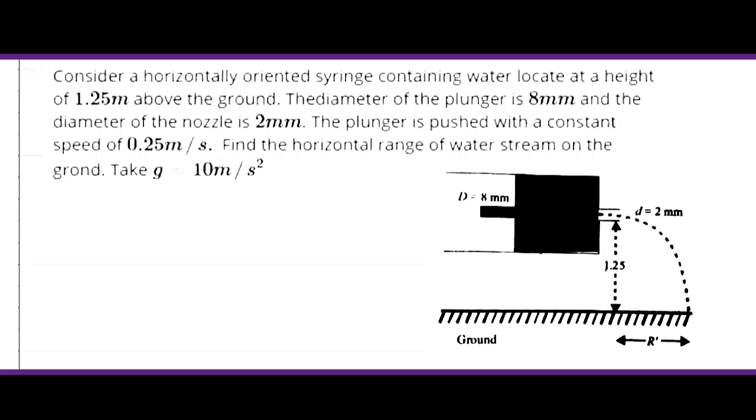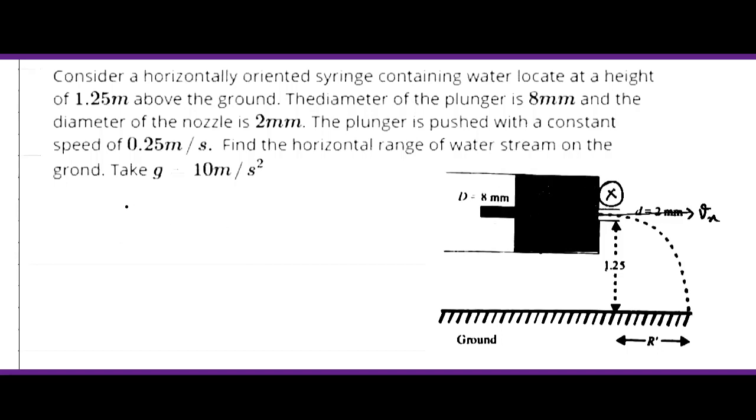Okay, so initially we have this diameter of the plunger and let us calculate the velocity with which the water is coming out from the nozzle. Let this velocity be Vx. So let's find out Vx. Let this point be x and let this point be y. So let's apply the principle of continuity at the point x and y.